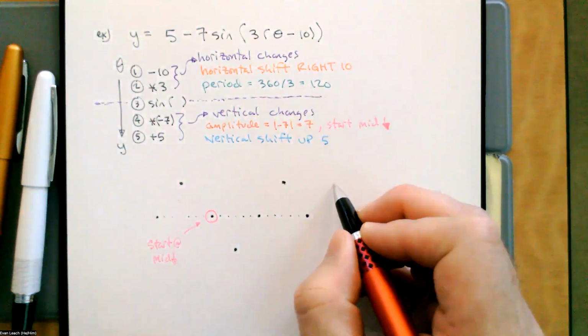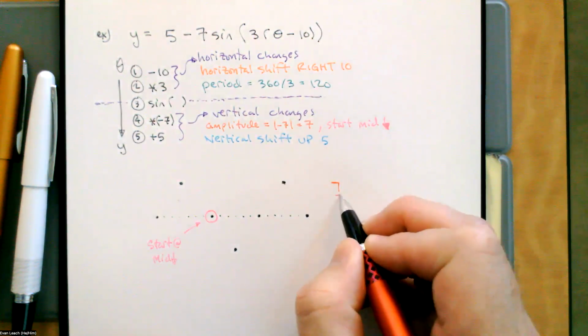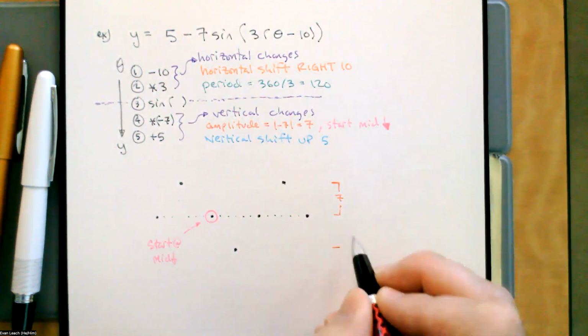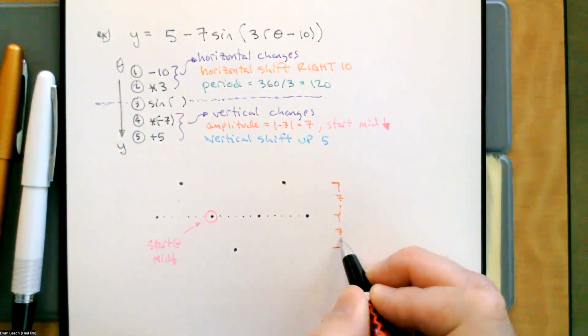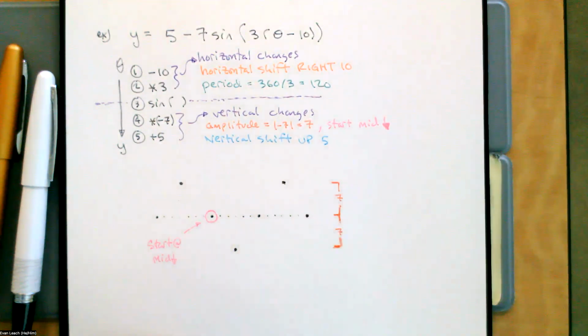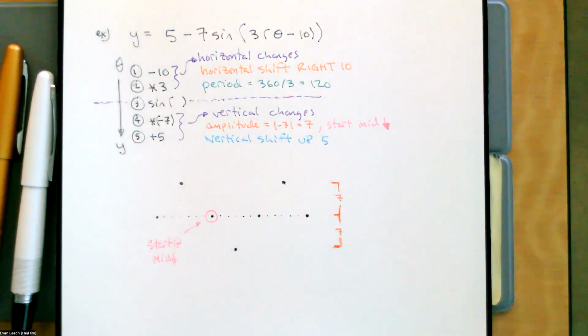So the distance from the top to the middle is still 7. And the distance from the middle to the bottom is still 7. The amplitude is always the distance from the middle to the top. But we've taken all these numbers and we've shifted them up 5. So instead of the middle being at 0, the middle is going to be at 5.